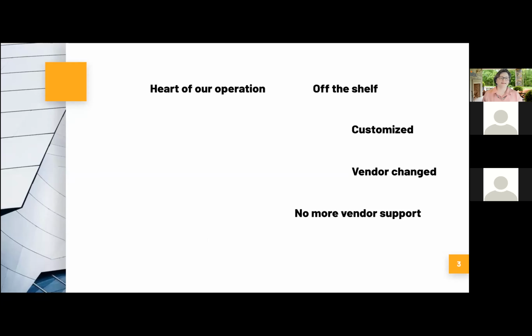And finally, Bob left too. And there was only one person left in the organization who could still code in Visual Basic 6. That's where we were at that point.